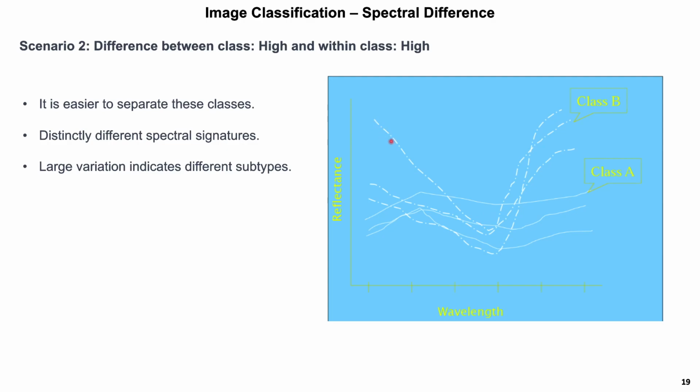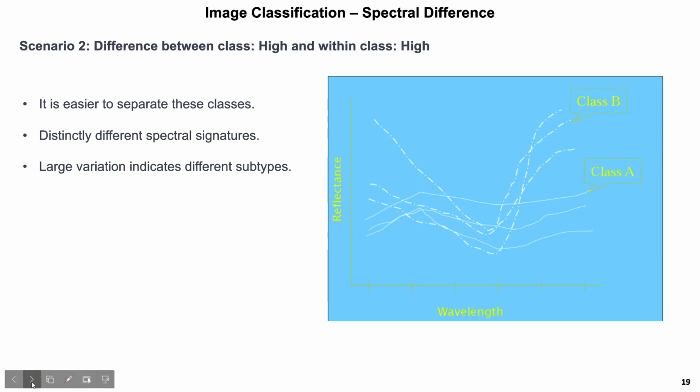If you take this line and this line, the spectral difference between these two lines is very high. So in this case, when you try to classify, it may not be ideal to go with level 1 class alone, because you have different signatures within class B itself and different signatures within class A itself. So you may have to go for a level 2 classification when you encounter such a spectral signature plot.